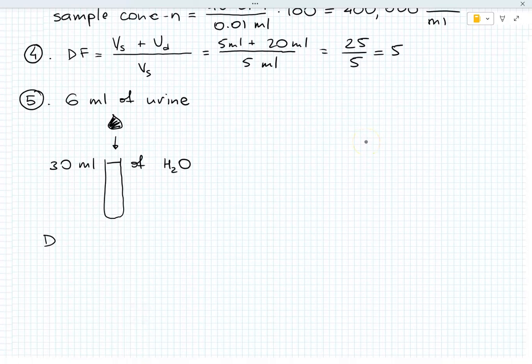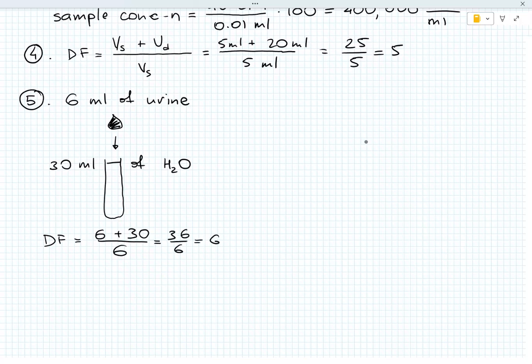What is the dilution factor? How do we calculate the dilution factor? It's right above problem 5. 6 plus 30 divided by 6. That is 6. Right?